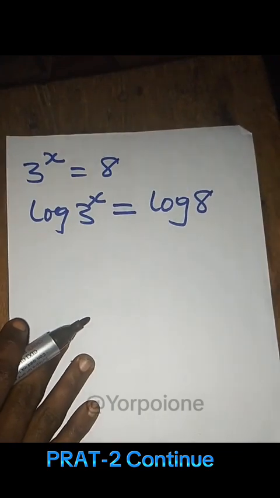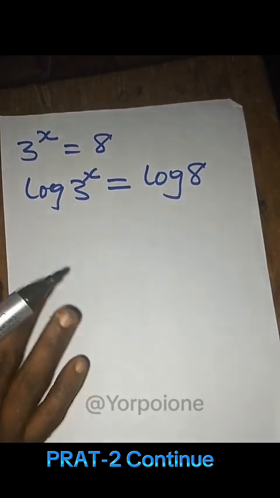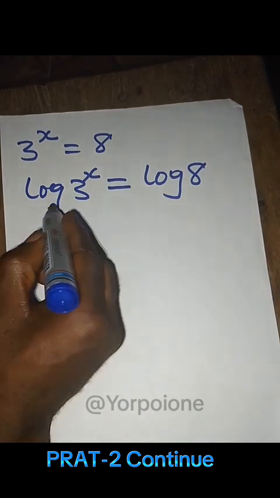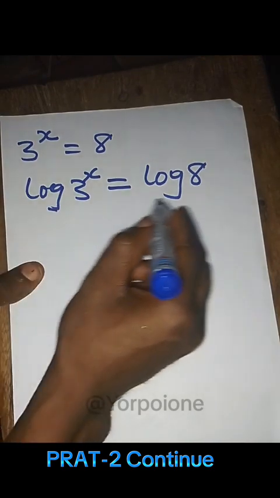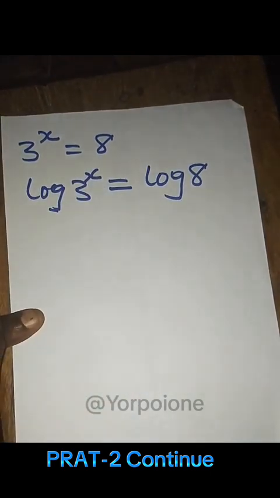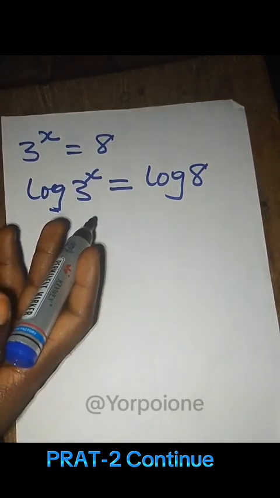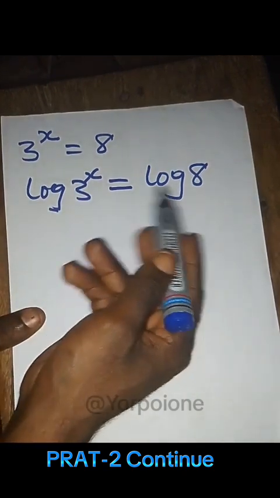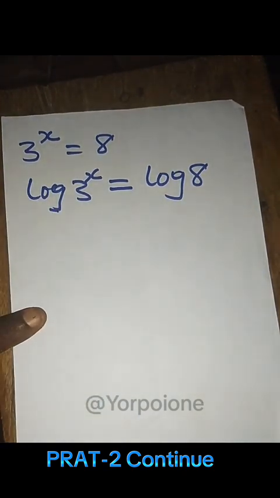Okay? So if you have watched my previous video, can you please work this one out and give me the value for x? Because we've done the first example and it has to do with logarithm here.